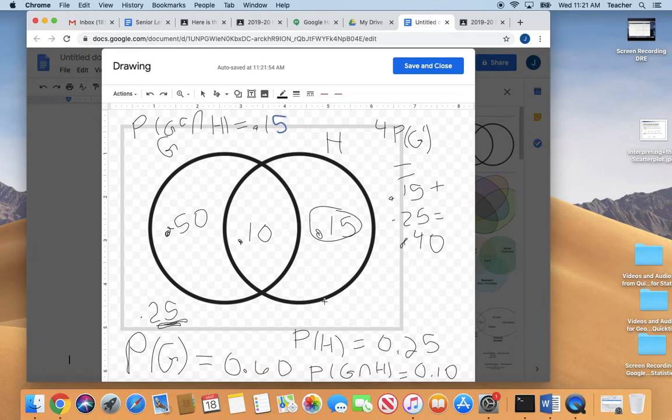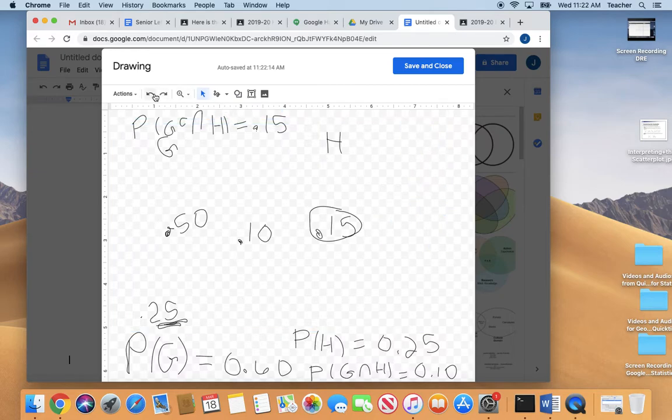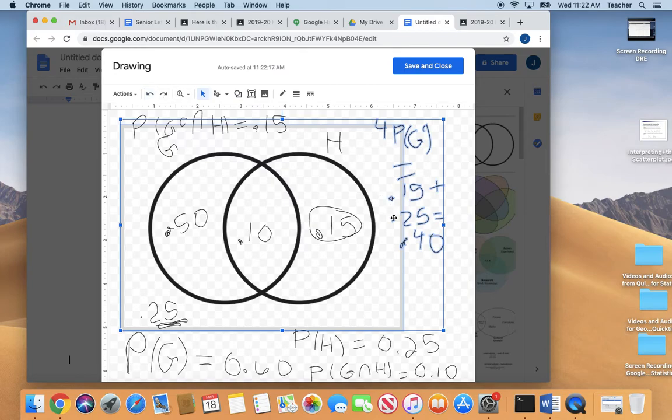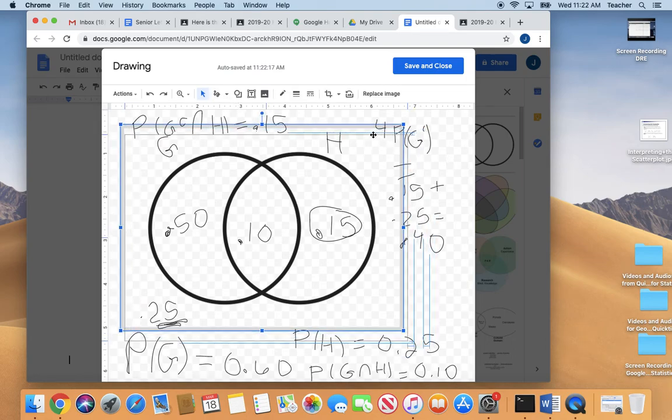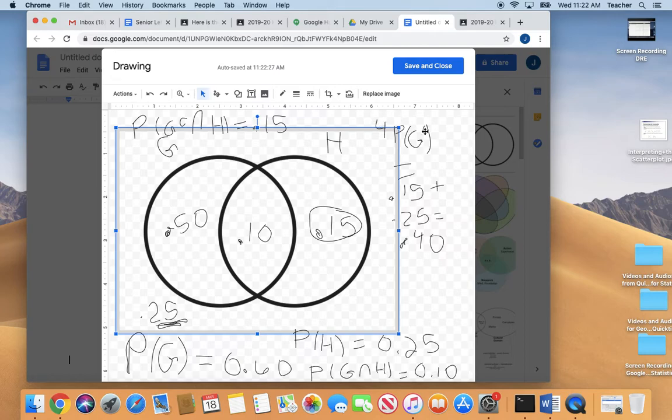And then for number 6, it says find the probability of G or H. So let me really quickly select all of this. Let's see if we can just get this part. There we go.